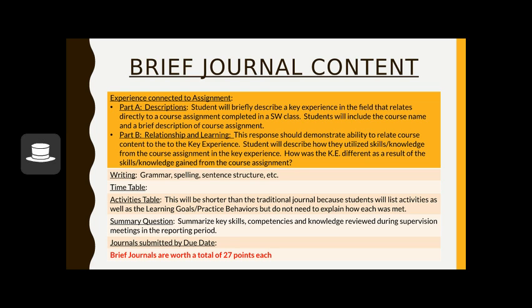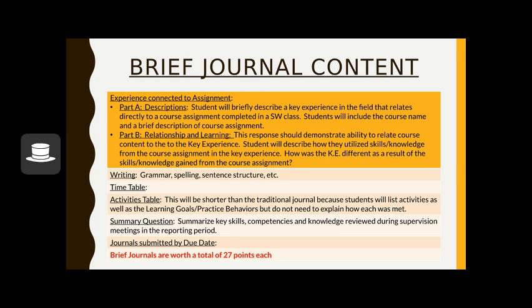So that there's that connection again to coursework. And a key experience. So you're looking at a key experience that specifically relates to a course assignment. Students are going to discuss the course assignment in this section.